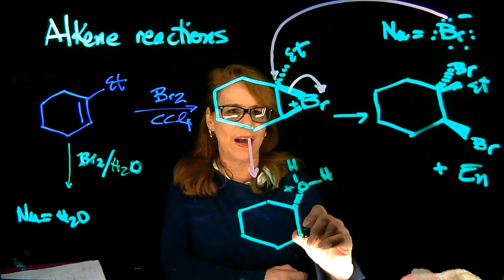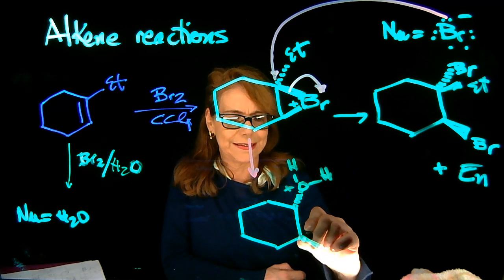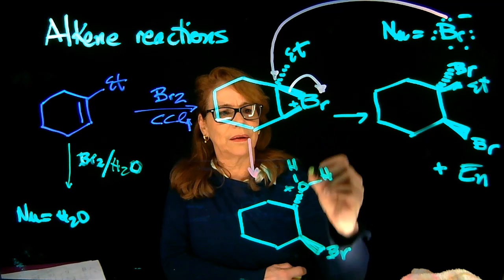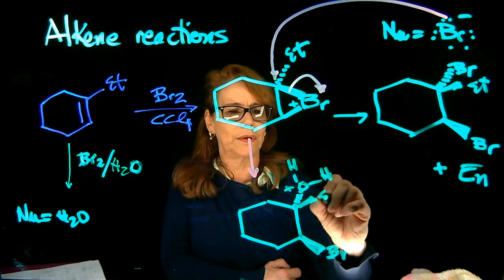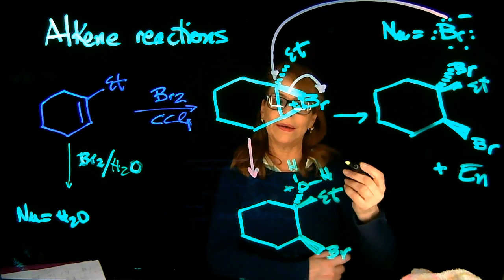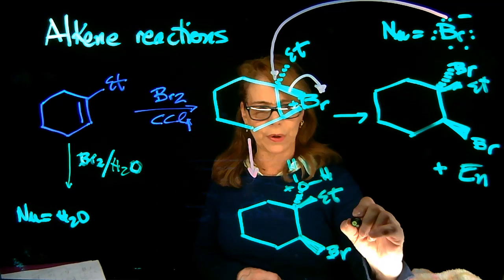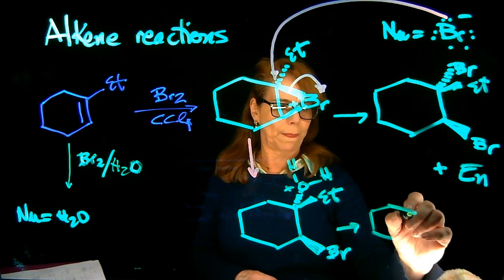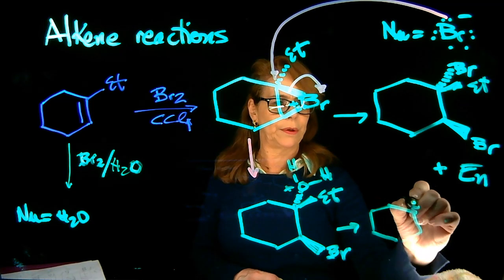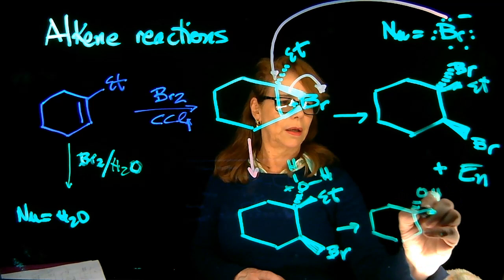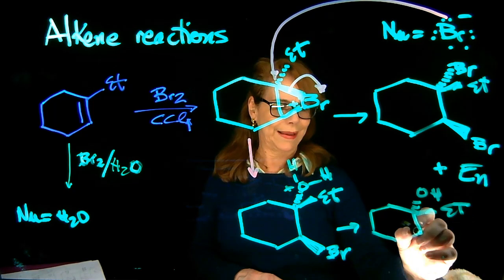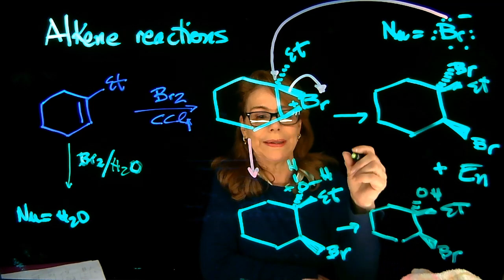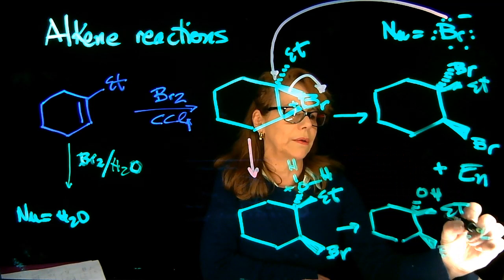This will open up and you will get bromine here. Remember that on that carbon we had an ethyl, so it's still here. But finally, after removing the proton, I am going to get the alcohol group here, OH, ethyl, and bromine. But again, remember we will also have the enantiomer.